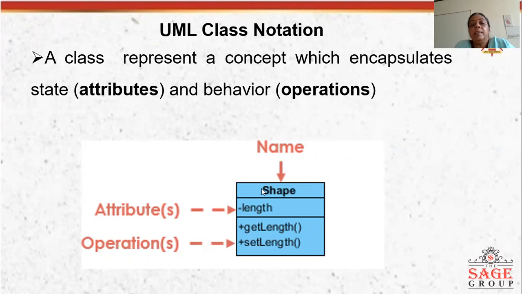In the first rectangle, we write the name of the class. In the second rectangle, we write the properties, attributes, states and data; you can say data members. And in the third rectangle, we write operations. As we know, a class is made up of data members and operations.